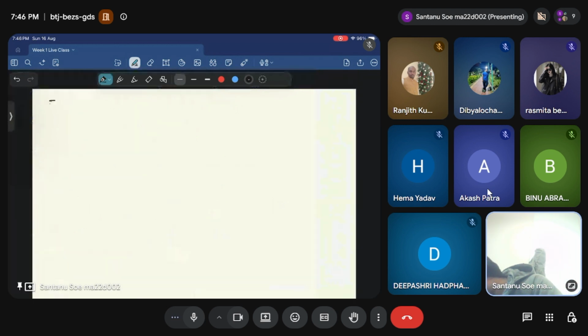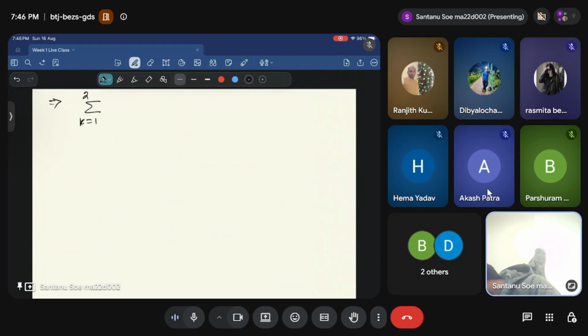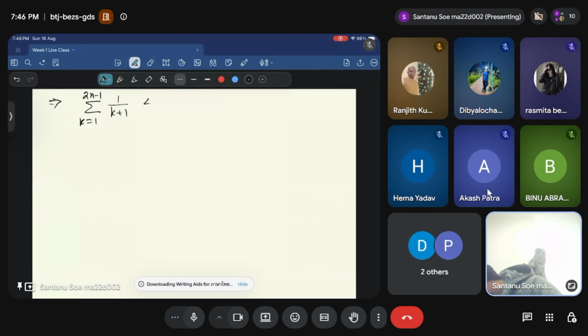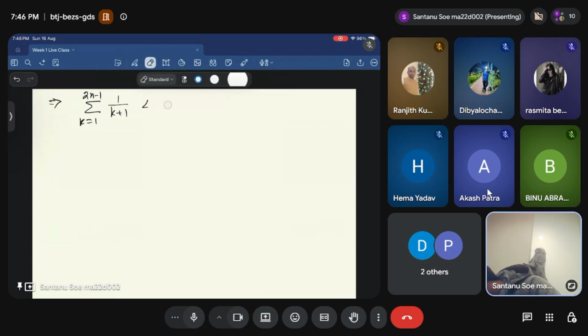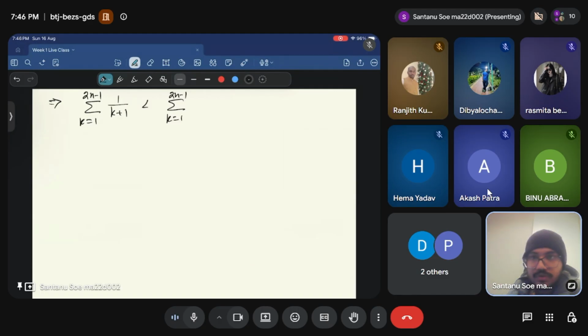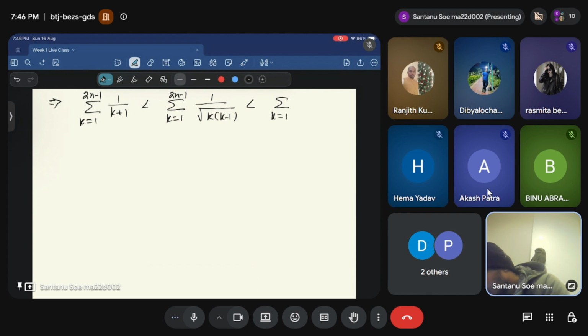So this will imply the summation of k equals 1 to 2n minus 1 divided by square root of k into (k minus 1), and then again the summation of k equals 1 to 2n minus 1 of 1 by k.